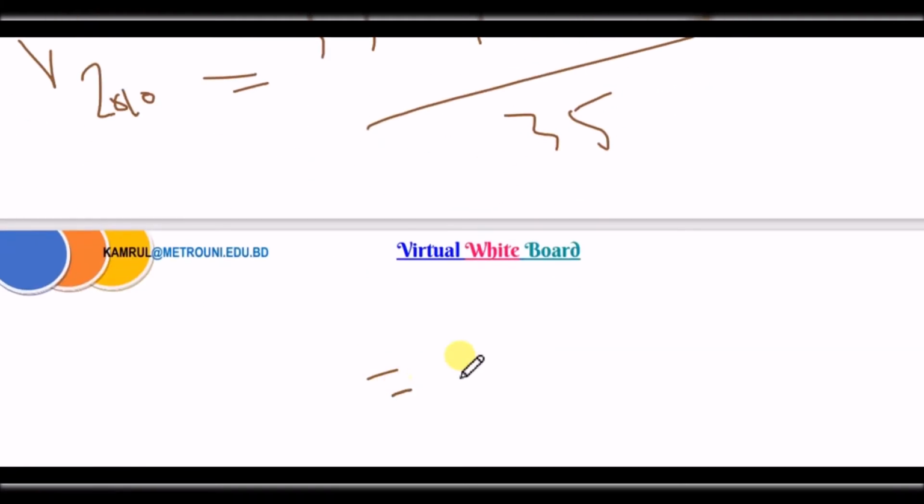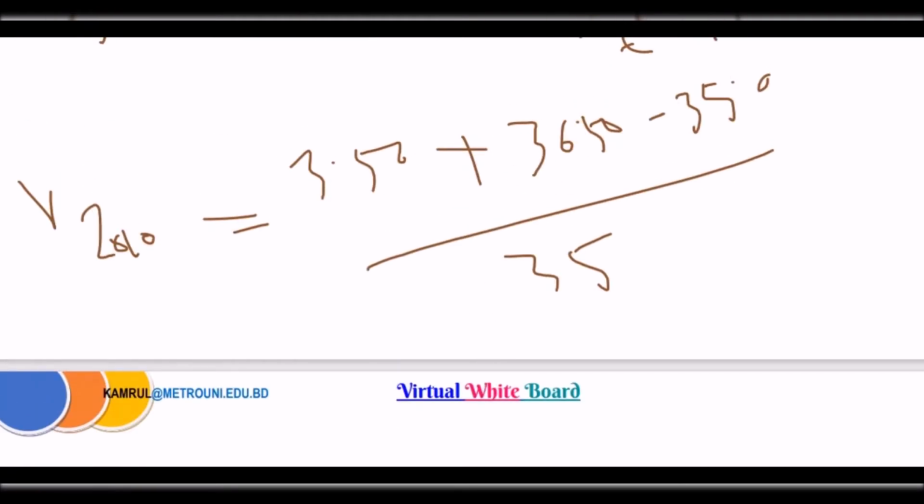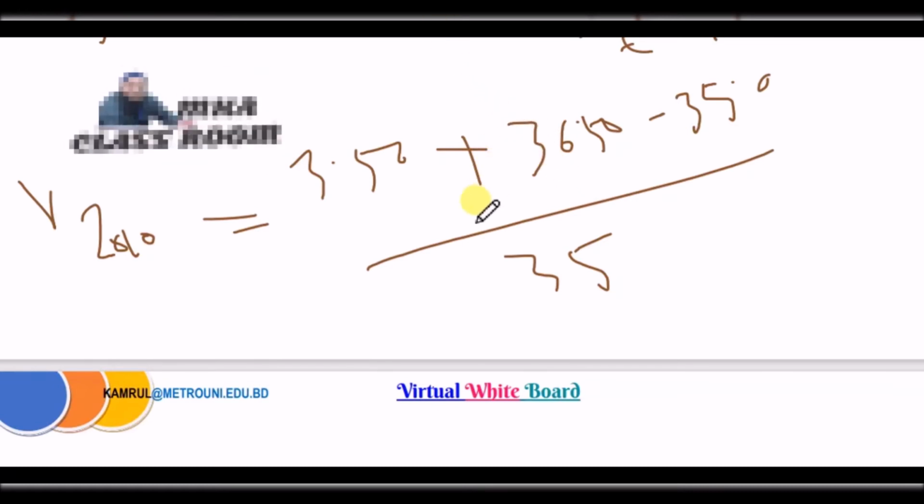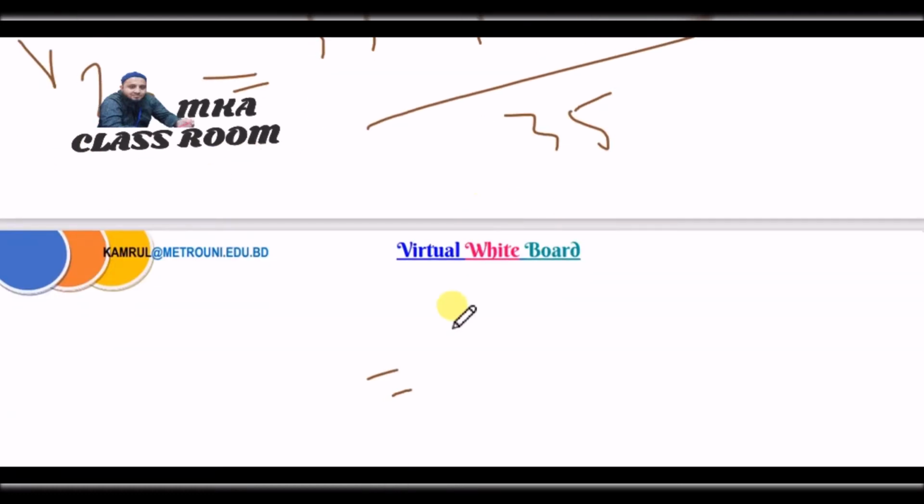Calculating this equation, 3.50 plus 36.50 minus 35 divided by 35, our return in 2010 is 14.3%.